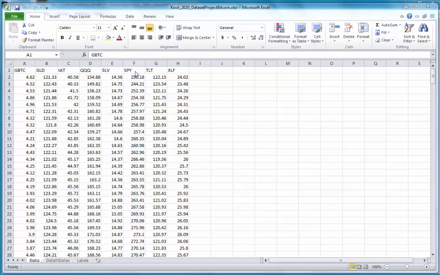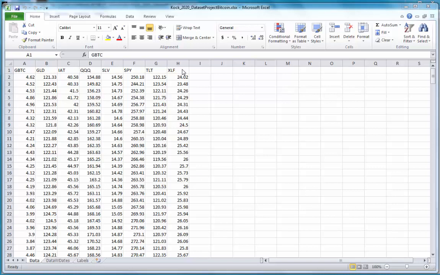SPY tracks the price of the S&P 500. TLT tracks the price of treasuries, long-term treasuries. And XLF tracks the price of financials. That includes investment banks such as Goldman Sachs, JP Morgan, and others.